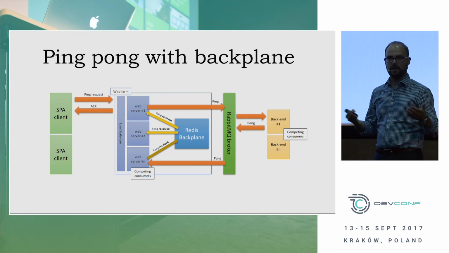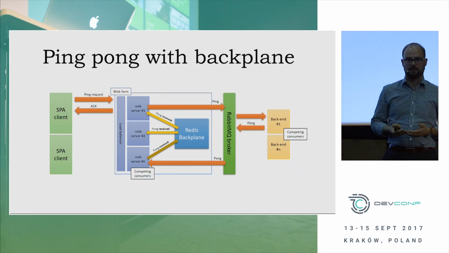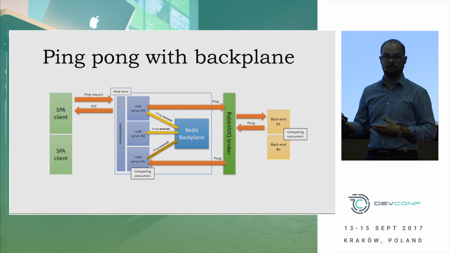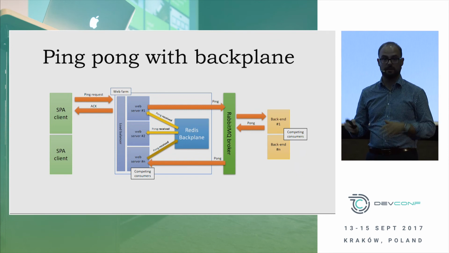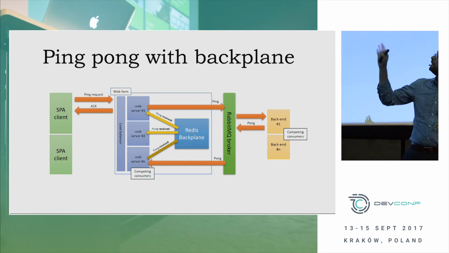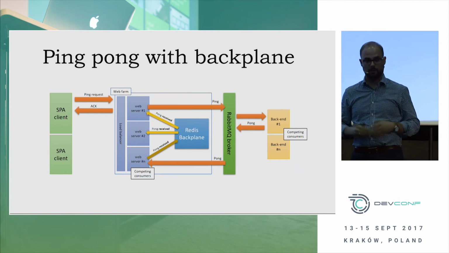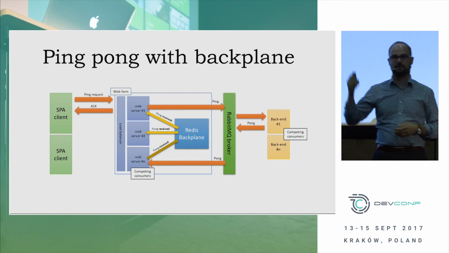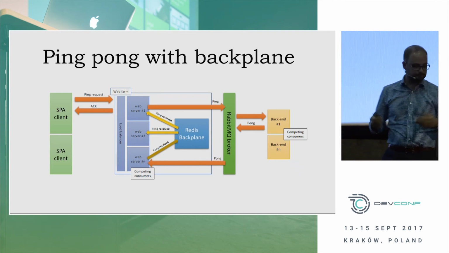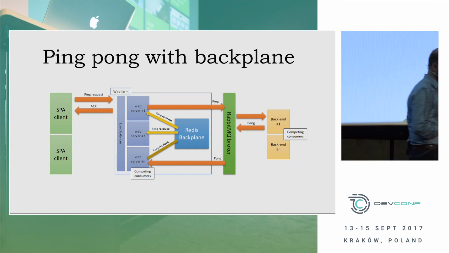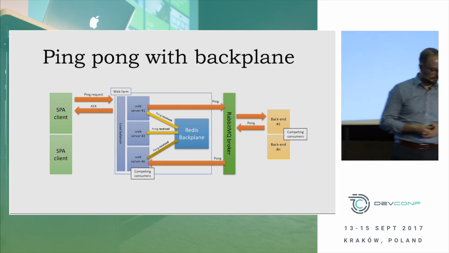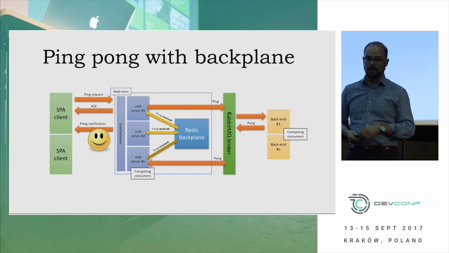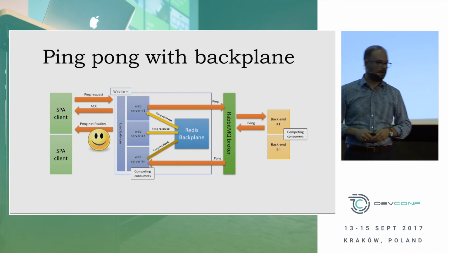They say, okay, it's connection ID ABC, and I don't have that connection ID. I don't know what client that is, so I'll just back off. But one of them, actually web server number 1, will take a look. Okay, it's connection ID ABC. I have that connection, so let me send it to the client. And that's how the backplane actually solves the problem, and the client is happy.